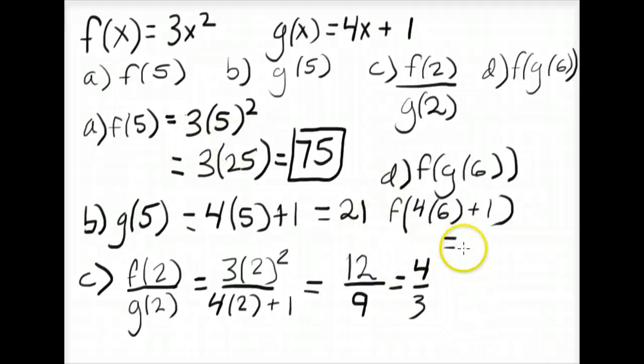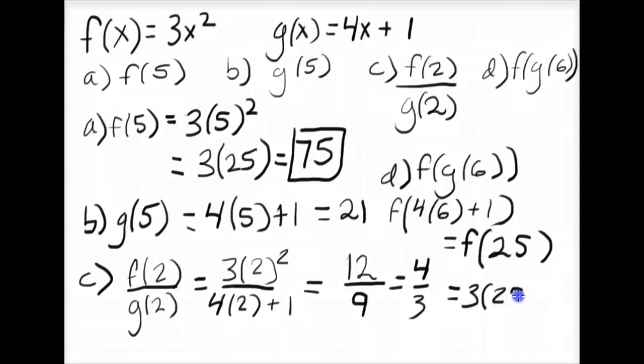So this is going to be f of, and then 4 times 6 is 24, plus 1 is 25. So this will be f of 25, at which point we'll just substitute that in for f. So this will equal 3 times 25 squared, which is going to equal 1,875.